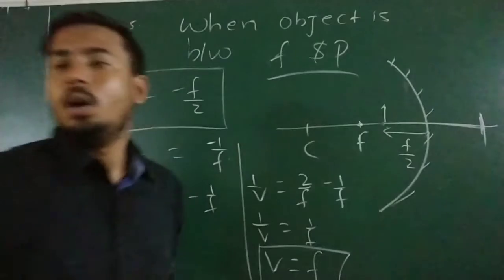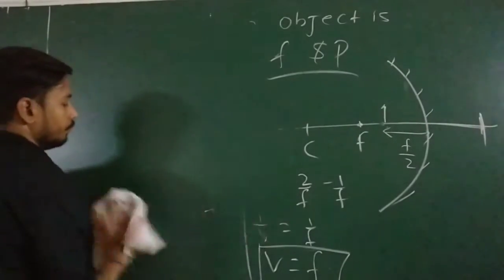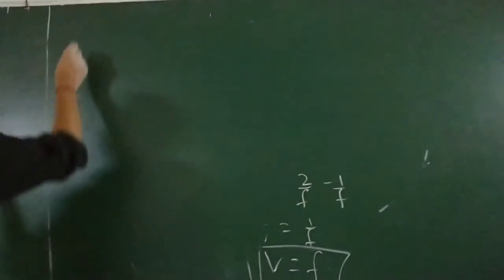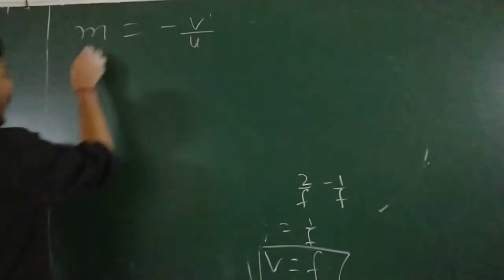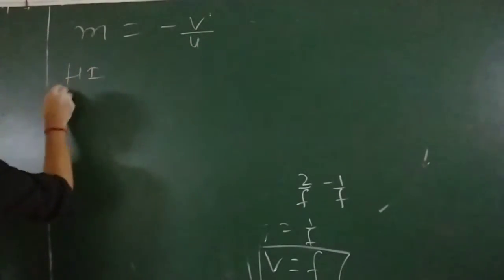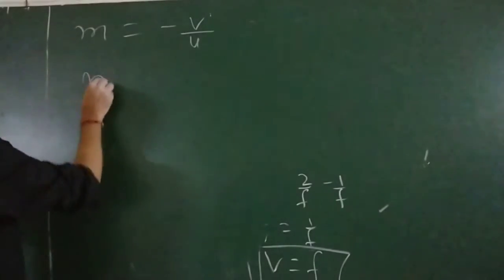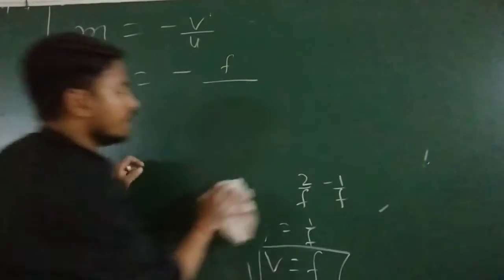So see, what can we say? Magnification. Magnification is equal to, you know already, m is equal to minus v by u, and this is height of image divided by height of object, or simply just take m. So minus v is what? f, and u is what?